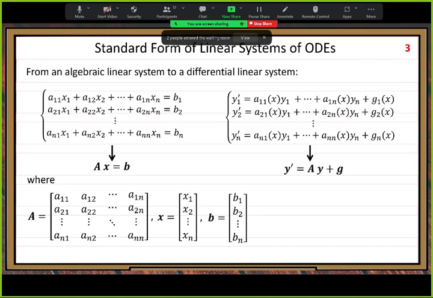Then we write the compact form this time. Y prime. Here you can see I use boldface. If you pay attention to the way we write, boldface means vector or matrix, not scalar. So these are the scalar numbers, so no boldface.